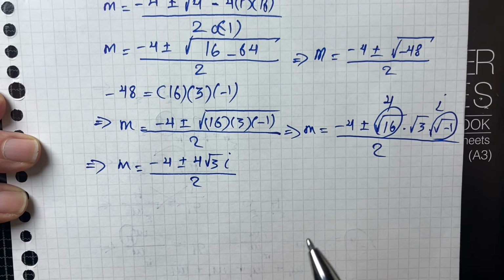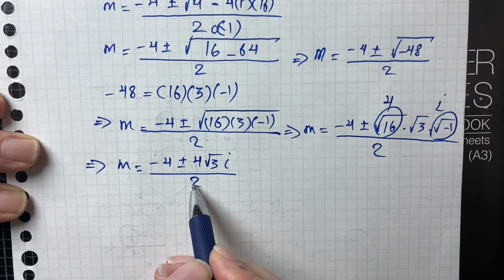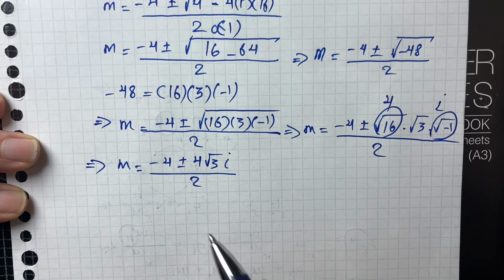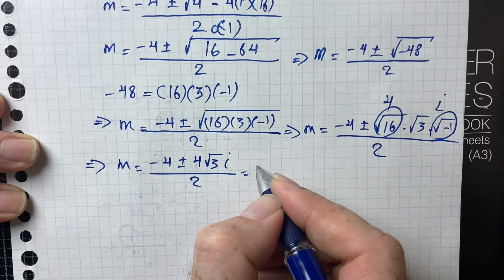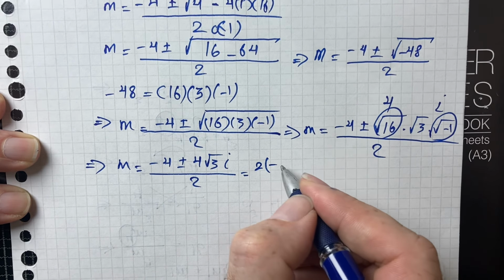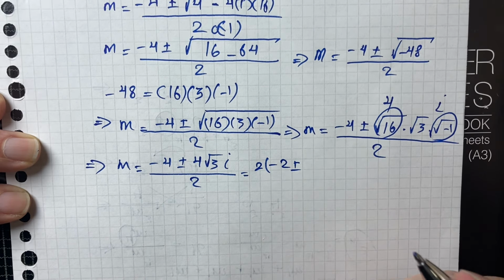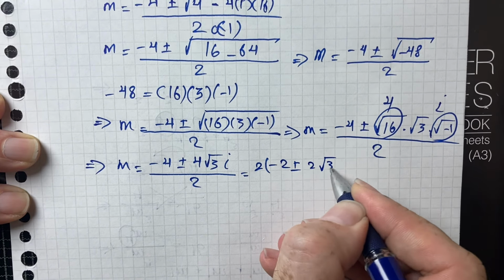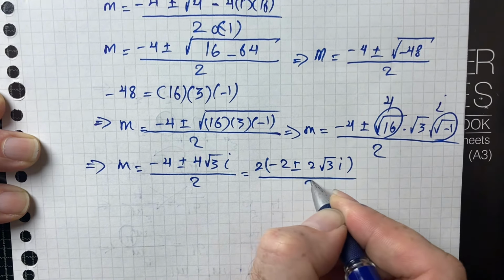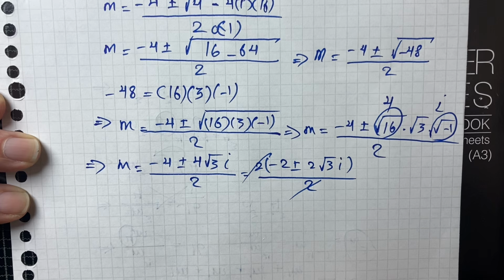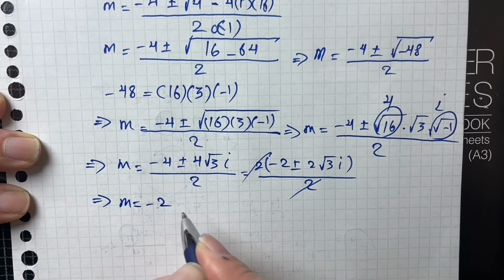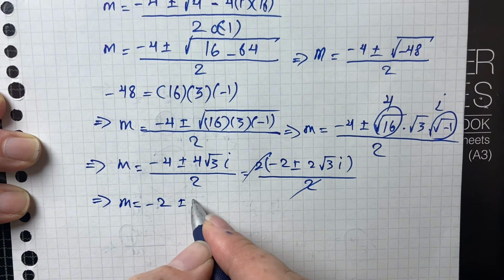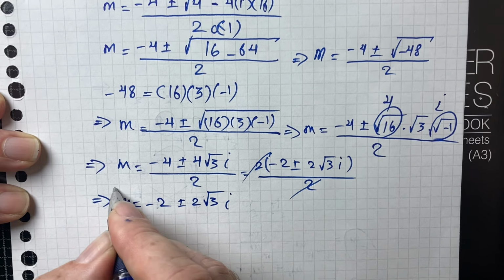Now, look, 2. What is the common factor between all of them? 2. So I write it in the form of 2, right? Negative 2 positive negative 2 square root of 3 i over 2. These two and these two can be cancelled off. So the value of m is going to be negative 2 positive negative 2 square root of 3 i.